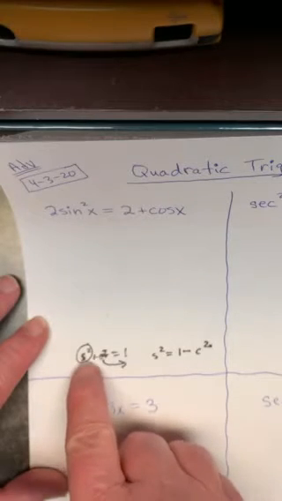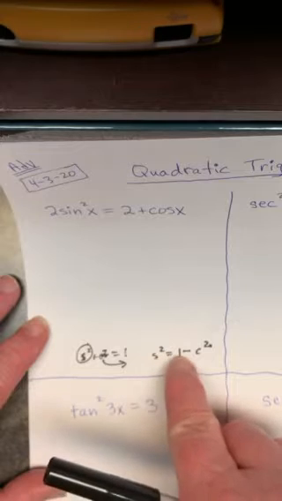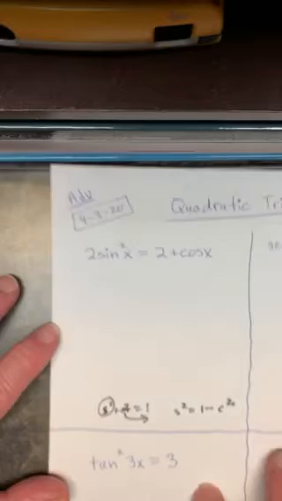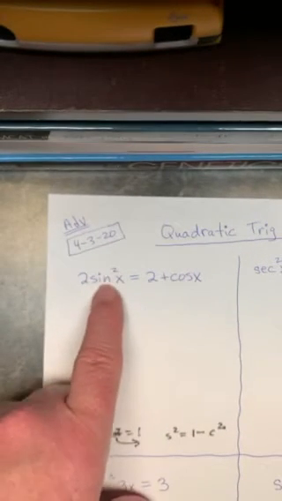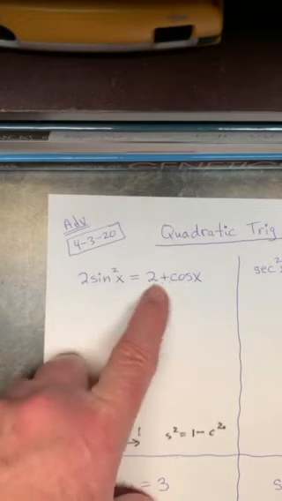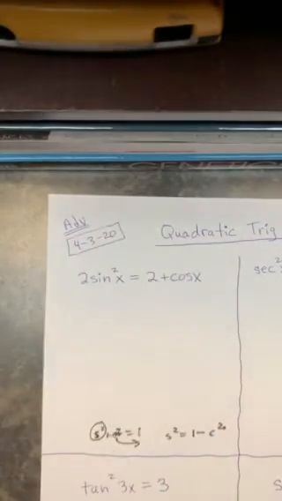So if we ever see sine squared, we can change it to 1 minus cosine squared, which is what we're going to have to do here, because that switch will allow this equation to have the same word cosine throughout.